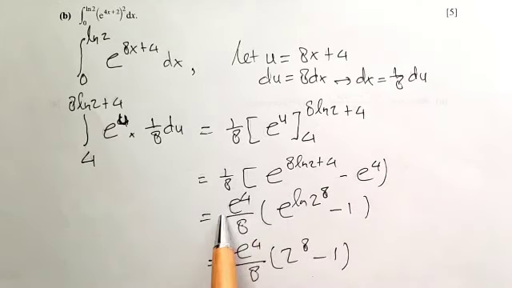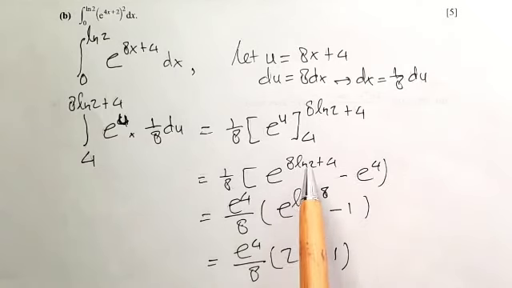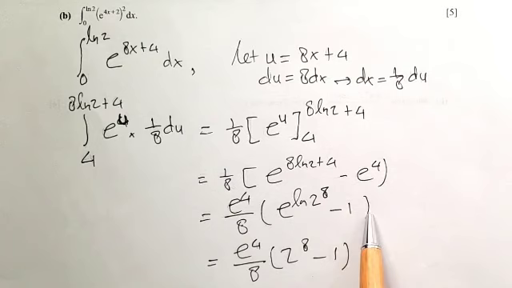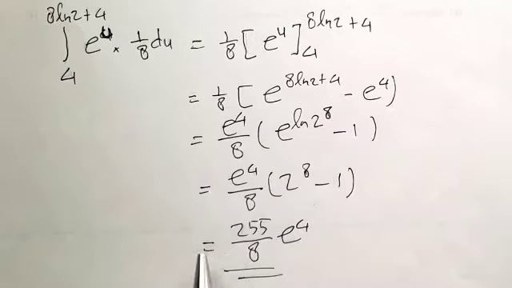Thus e to the power 4 over 8 times (e to the power 8 ln 2, which equals e to the power ln 2 to the power 8, minus 1), since e to the power 4 is already outside the brackets. Then e to the power ln 2 to the power 8 equals 2 to the power 8, so 2 to the power 8 minus 1 is 255, giving 255 over 8 times e to the power 4.